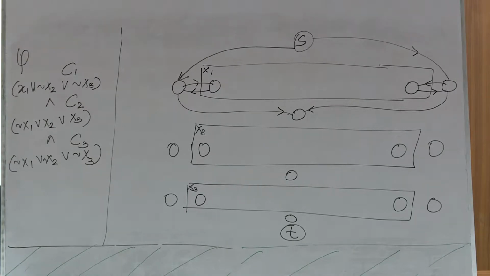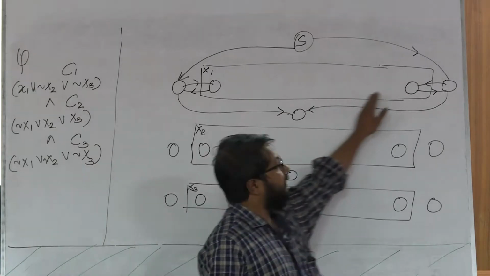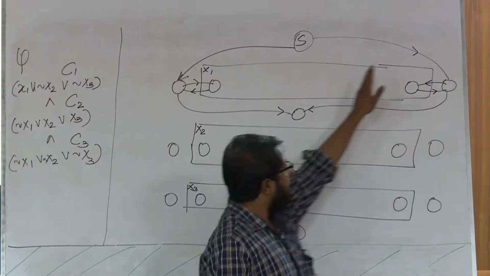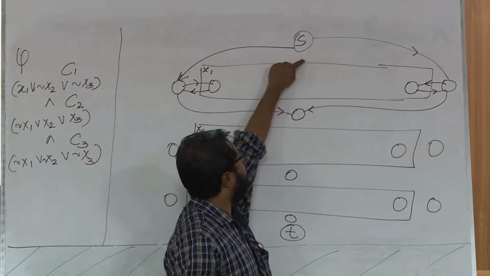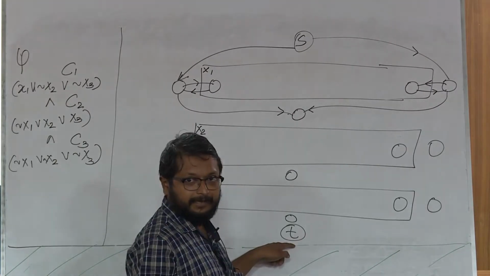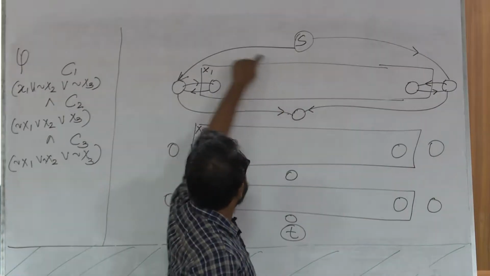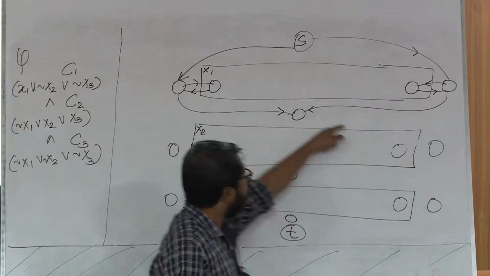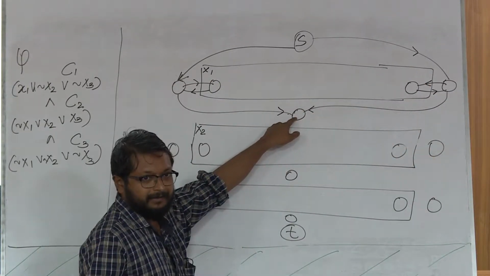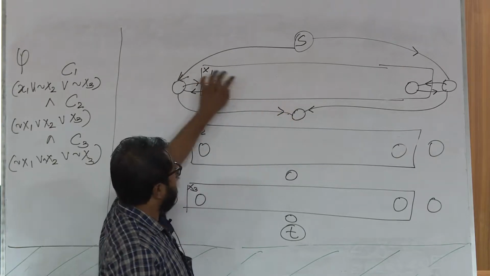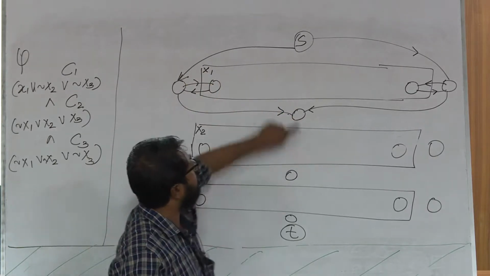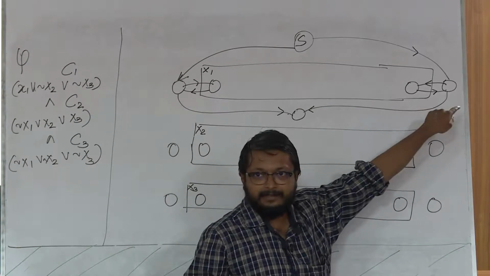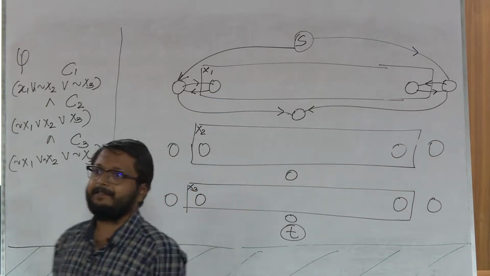Now, the way in which I will draw the graph is such that there will be some number of vertices here. The only way for a Hamiltonian path to start from S and reach T is to either enter this way, go everywhere and come out of this way. So, see, any Hamiltonian S-T path should cover all these vertices, right. So, I will put a gadget in such manner.